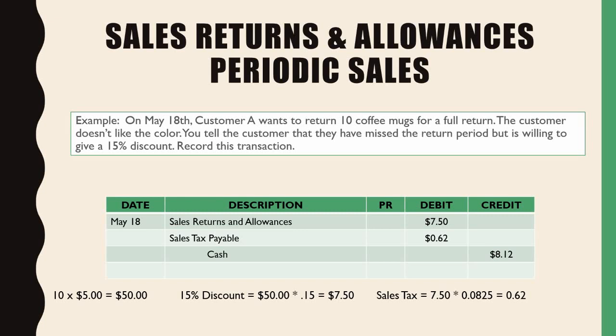And out of that $7.50, you need to calculate the 8.25% of that. That's going to give you a total of 62 cents. So that means you're going to be giving that customer back $8.12, even if they didn't even return the product. Okay?